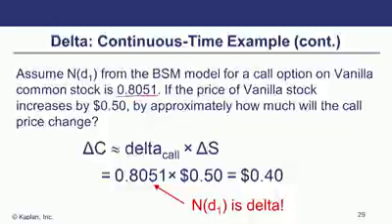If the price of the underlying stock increases by 50 cents, what is the approximate change in the call value? Well, nothing easier than this, guys. All you got to do is take the delta, multiply by the estimated change in the stock price, and you get the estimated change in the call price of 40 cents.